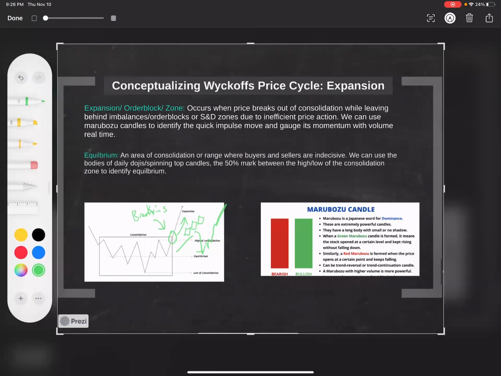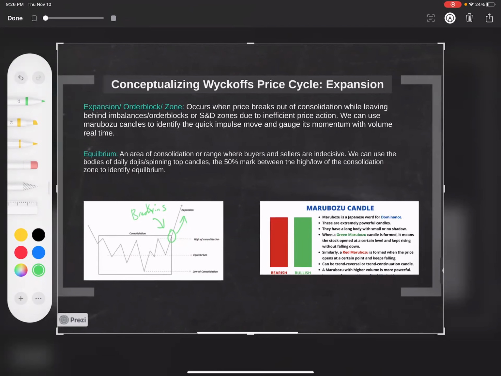So as price is moving out of this zone, it's leaving behind some inefficiency that we can use to model a higher risk to reward, or we could just scalp pullbacks back down into this zone as a retest before taking the next expansive move higher. Because if you saw the expansion, you probably already missed the move.